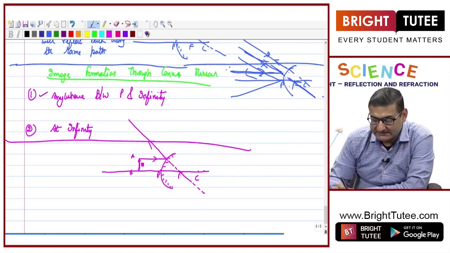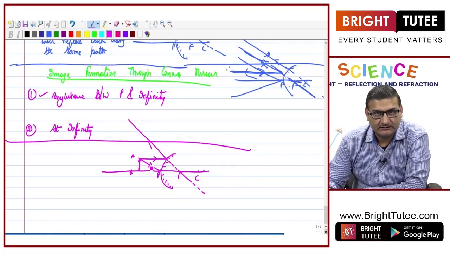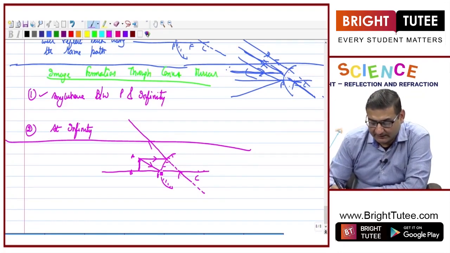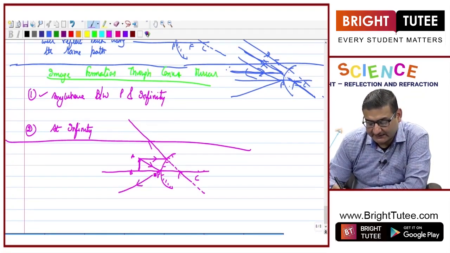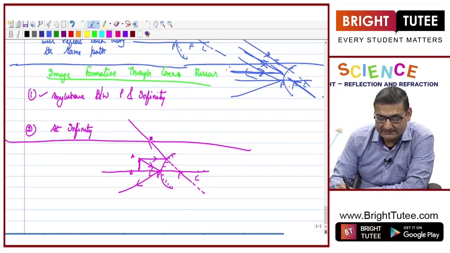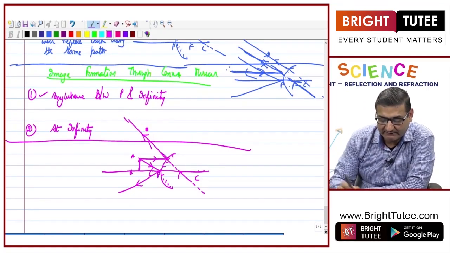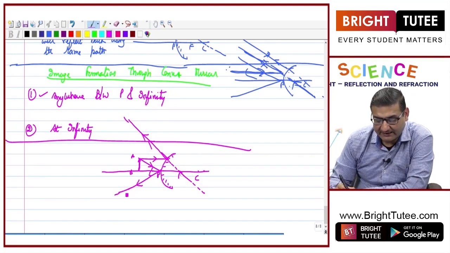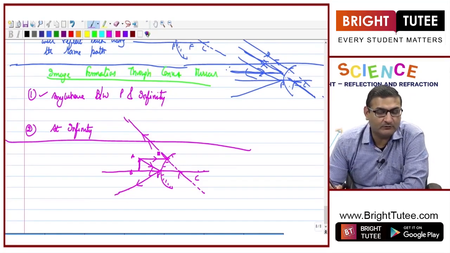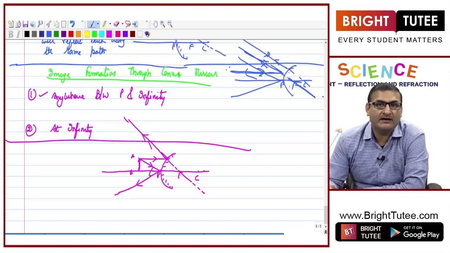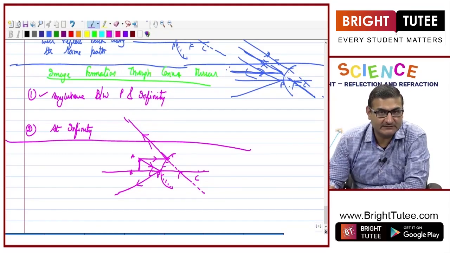Second rule, we say it is going from the pole of the mirror. If it is going from the pole, it will be reflected back, making the same angle. Now we can say that this was the first reflected ray, this is the second reflected ray, and they are not going to meet anywhere as they are going away from each other. They are diverging from each other.